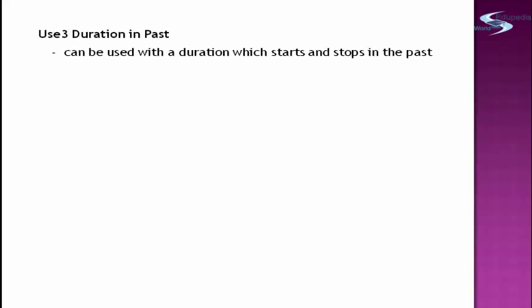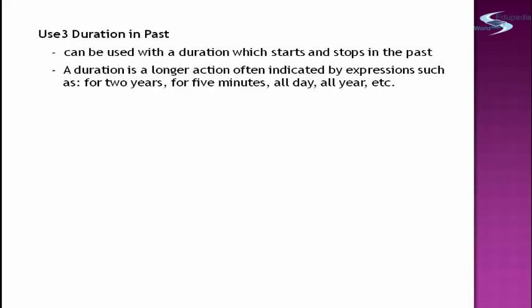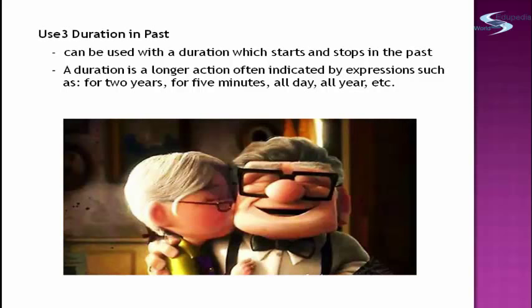Use 3. It is used to express duration in the past. It can be used with a duration which starts and stops in the past. A duration is a longer action often indicated by expressions such as for 2 years, for 5 minutes, all day, all year, etc. Okay, so we have an example.